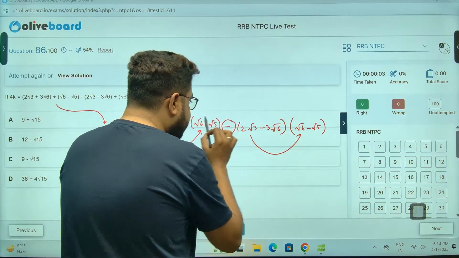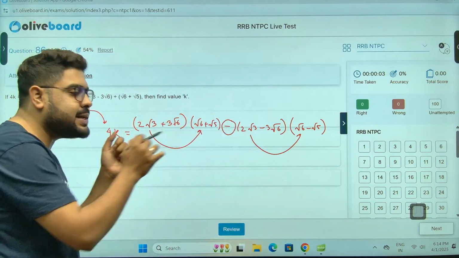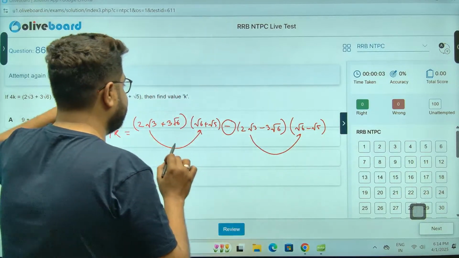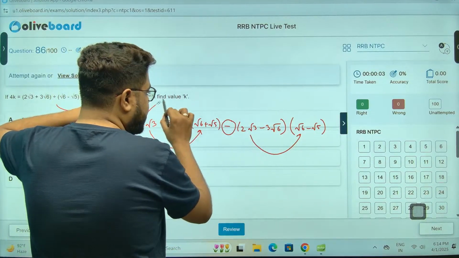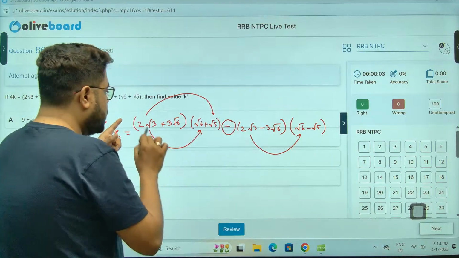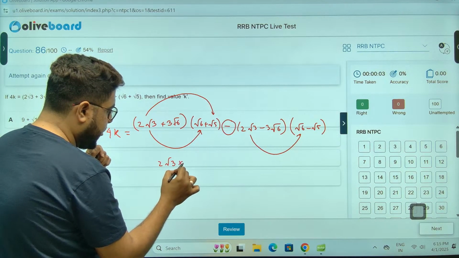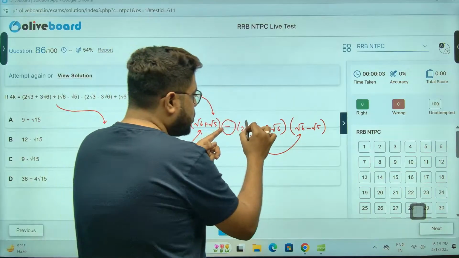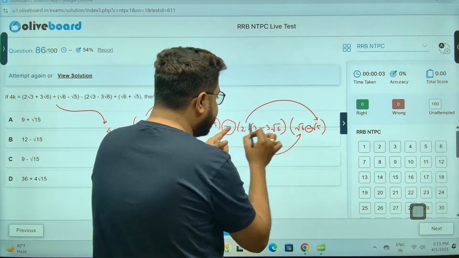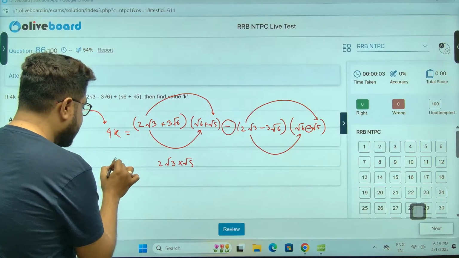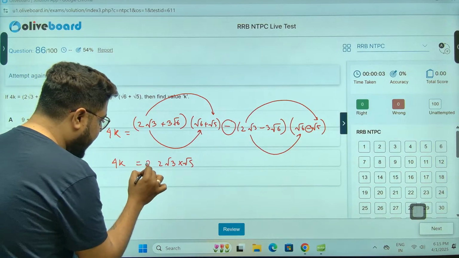There is a minus sign in between. It will cancel, right? Acha, this into this: 2 root 3 into root 5, but this is a minus. Minus and minus will become plus, meaning I will get twice of this.